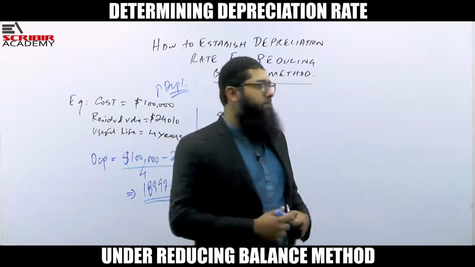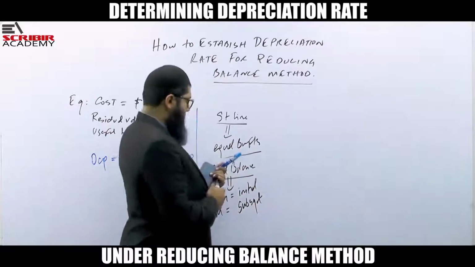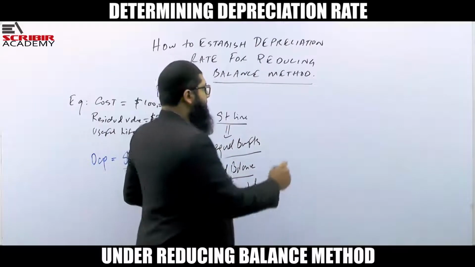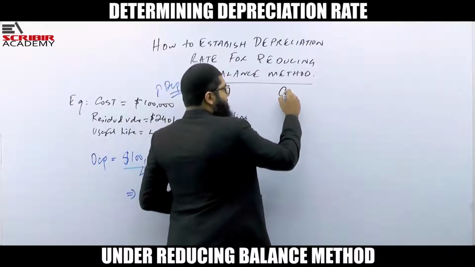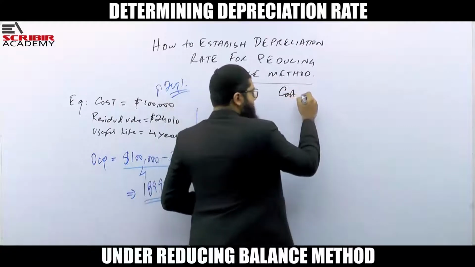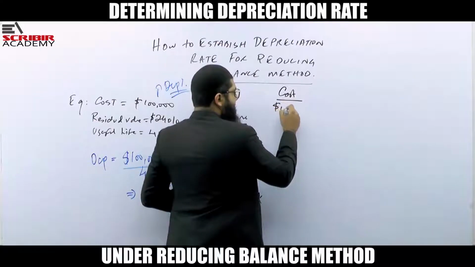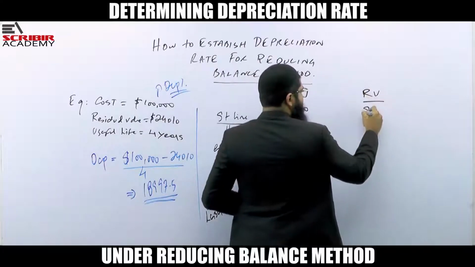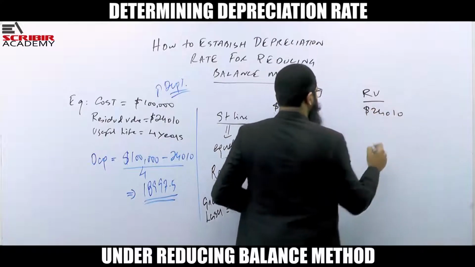When we calculate the depreciation rate under the reducing balance method, we say that the cost of the asset is 100,000 and the residual value of the asset is 24,010.